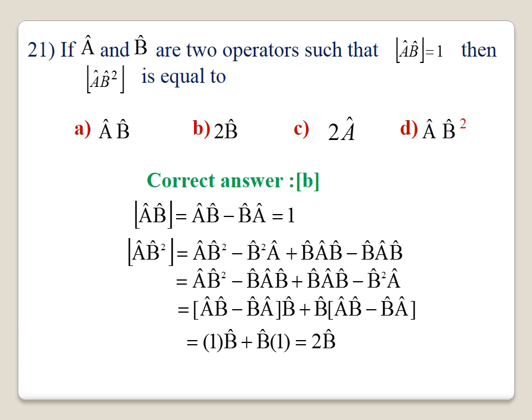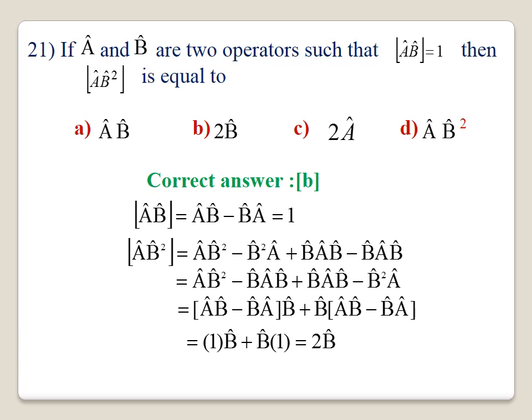The commutator of A, B is equal to AB minus BA, that value is given, is equal to 1. The commutator of A, B square can be written as AB square minus B square A, and you add BAB and subtract BAB, no change in the value. Rearrange this equation: AB square minus BAB plus BAB minus B square A. From the first two terms you take B out, you will get AB minus BA into B operator.